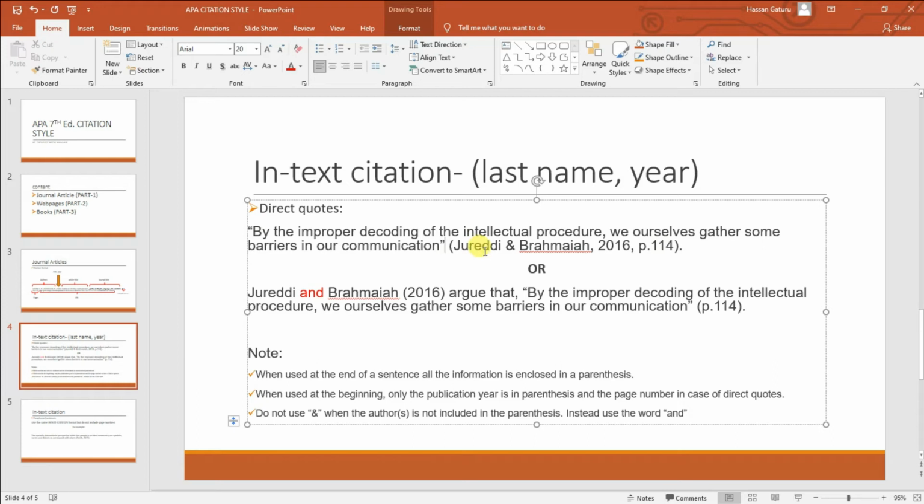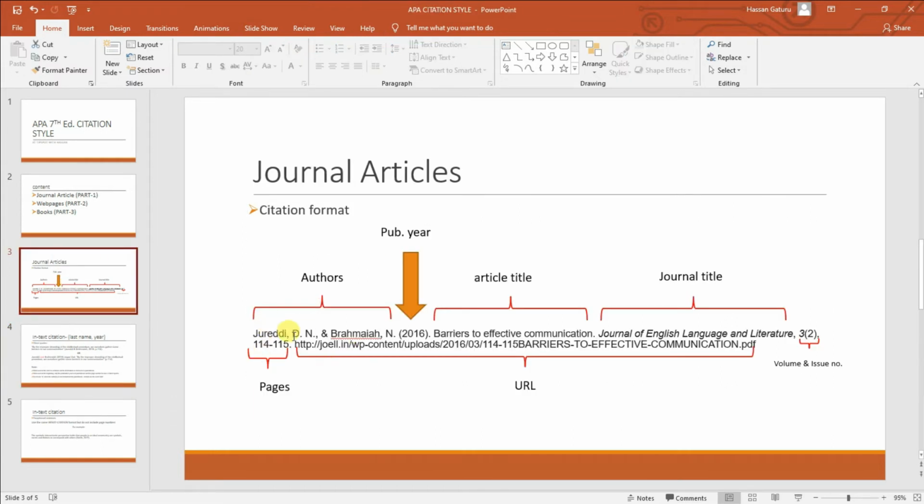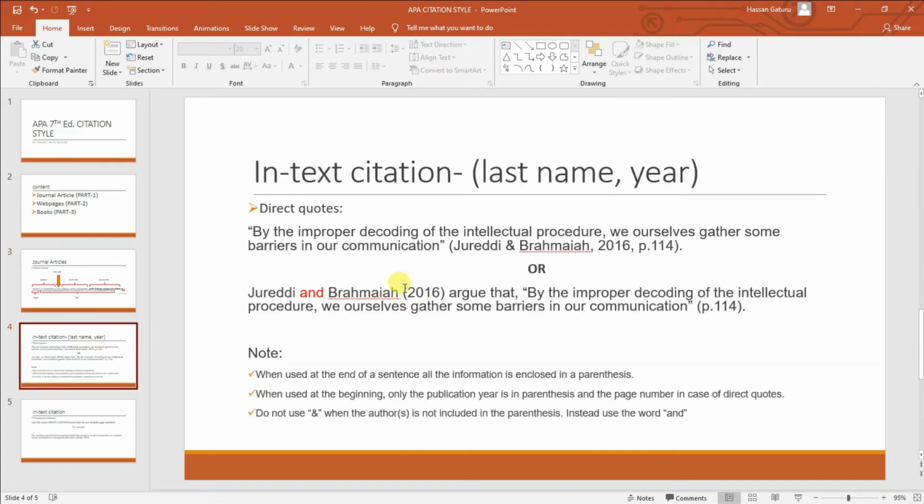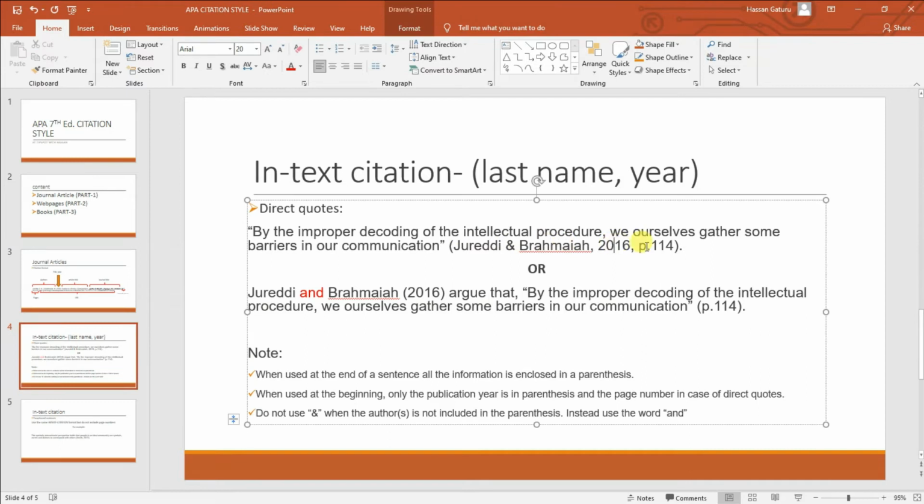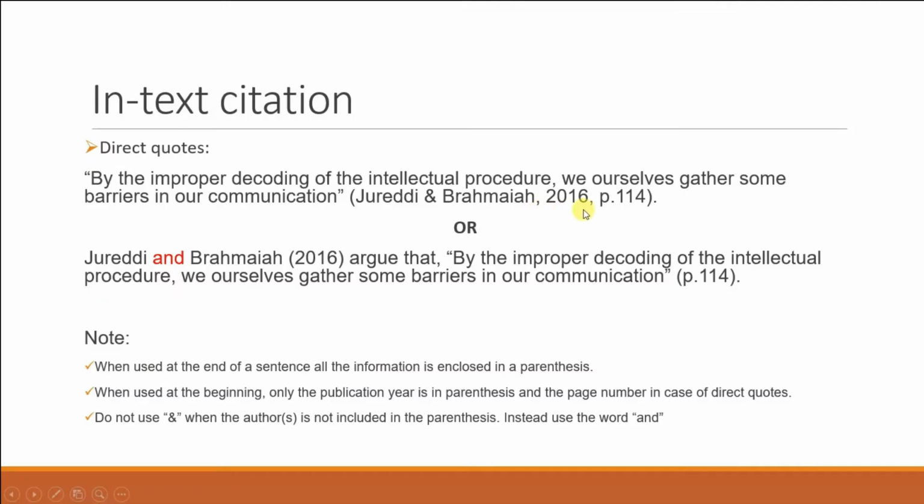As you can see in this example, the names of these two authors are their last names from this source: Juredi and Brahmaya. So this is how we cite in-text. The sentence can also be written this way: Juredi and Brahmaya, 2016, page number 114. You must provide this.